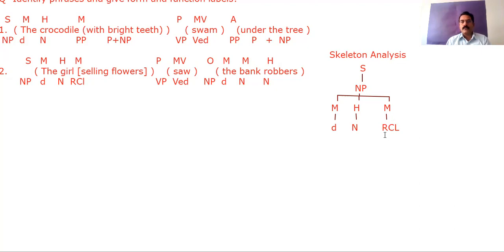Now, in order to show a clause in a skeleton analysis, we use a triangle. So before that, let us write these things: determiner, noun, and this kind of triangle we have to draw, and we have to write the clause below that triangle.